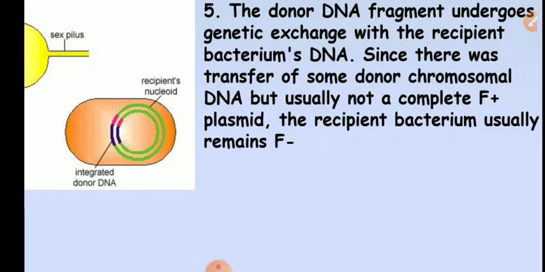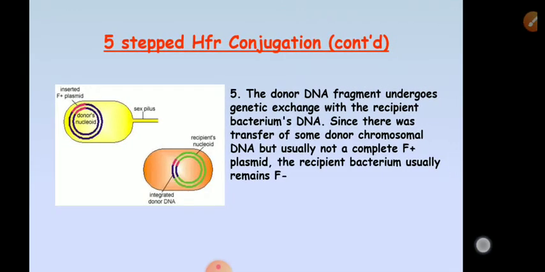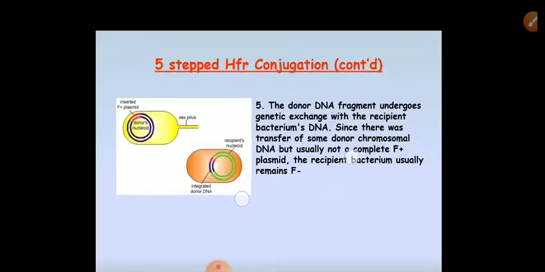So chances of recombination taking place with an HFR cell as donor are very high, and the recipient cell becomes a recombinant cell. However, the complete F factor cannot be transferred because the conjugation bridge dissolves, and hence the F minus cell remains F minus, but it is a recombinant cell.